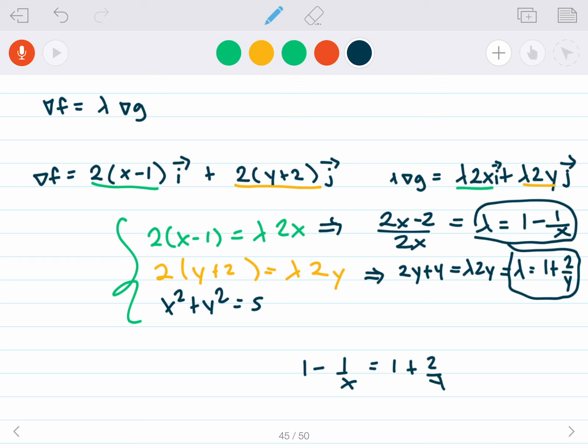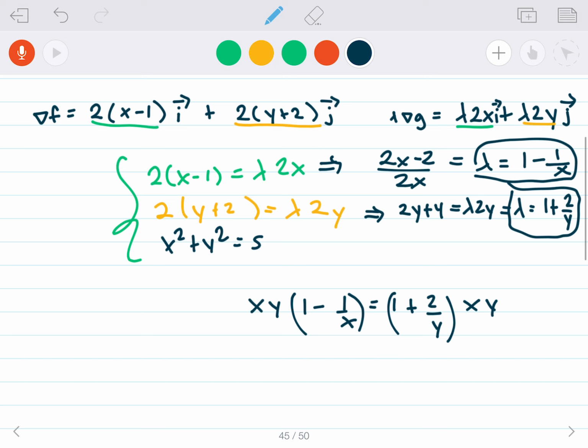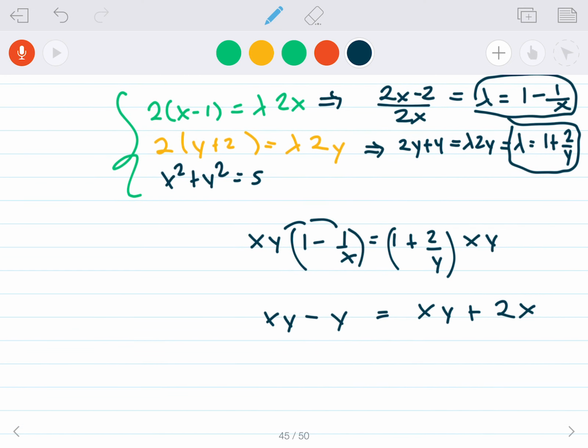What I'm going to do to get rid of both of these denominators simultaneously is I'm going to do a little trick, multiply both sides by xy to get rid of those guys simultaneously. And when I do that distribution, I get xy minus y equals xy plus 2x. Alright, so then subtract away the xy's, that's cool. And then we get the relationship x is equal to negative 1/2 y.